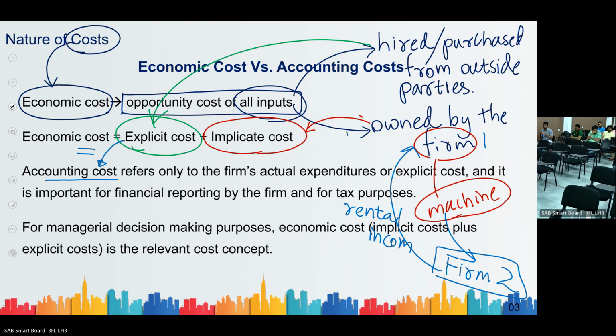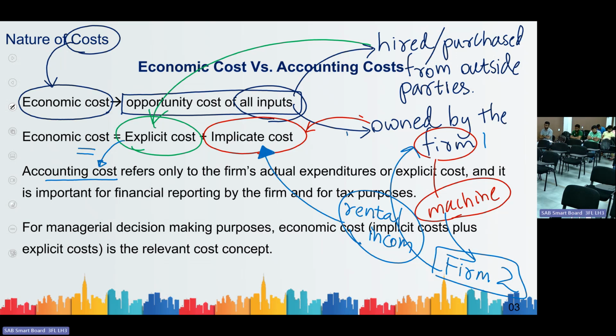This rental income that it is possible to earn is a type of implicit cost.